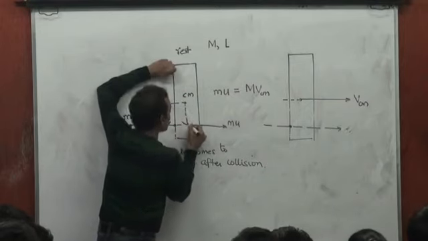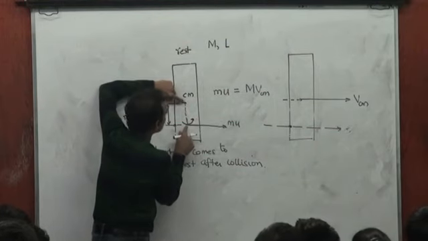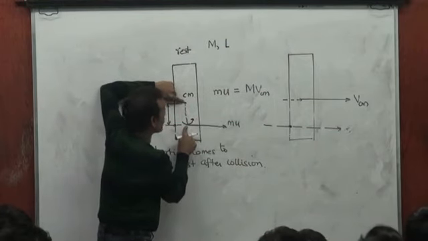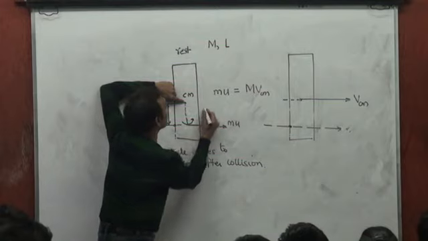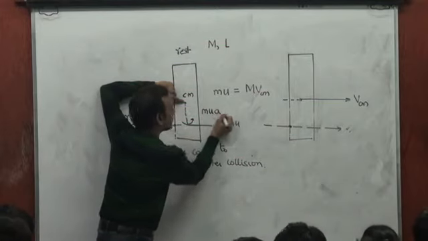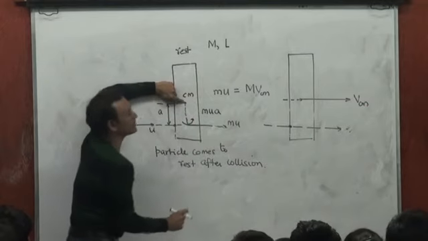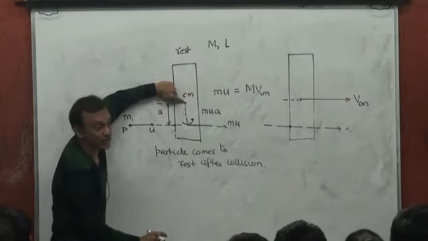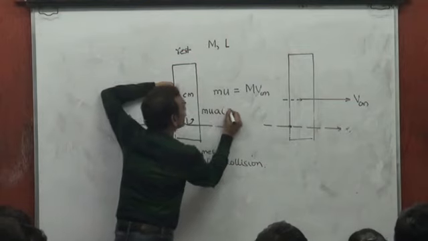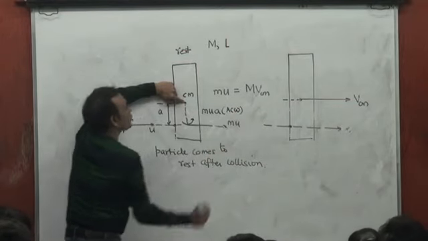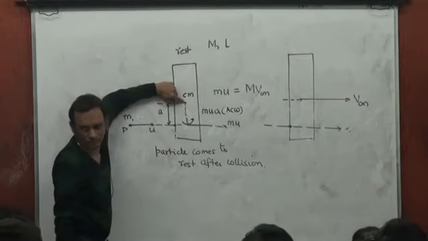Clockwise or anti-clockwise? Anti-clockwise. Therefore, the total anti-clockwise angular momentum about the center of mass was mu into a. Mu into a was the angular momentum about the center of mass of the rod, and it was anti-clockwise. Right?